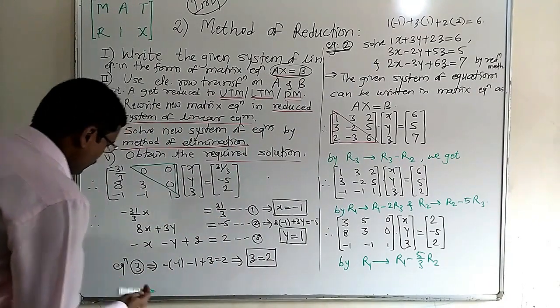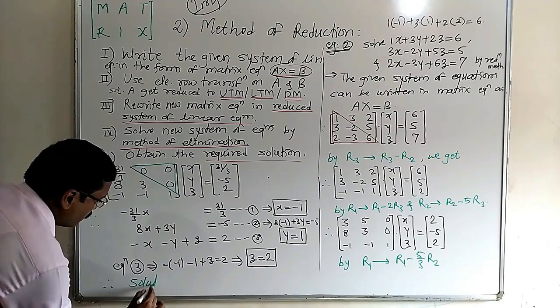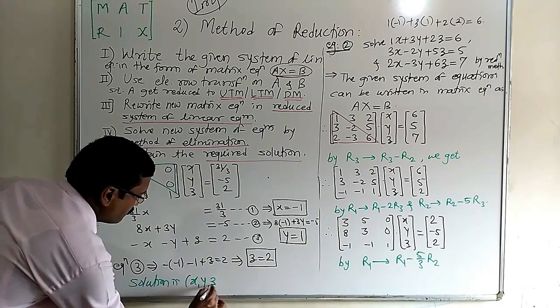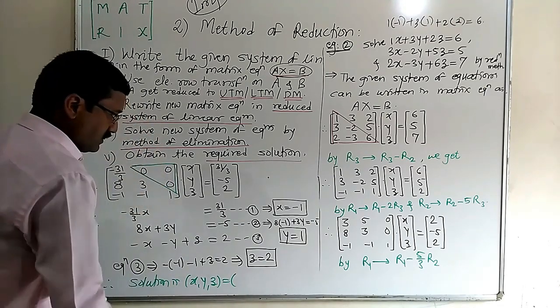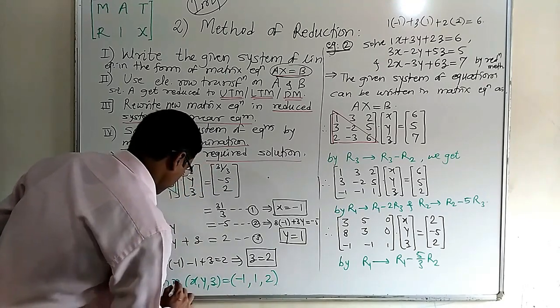So you can write the last step. Therefore, the solution is, in this form, (x, y, z) is equal to the ordered triple (minus 1, 1, 2).